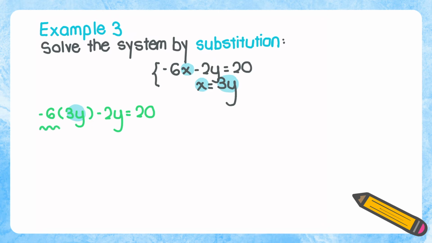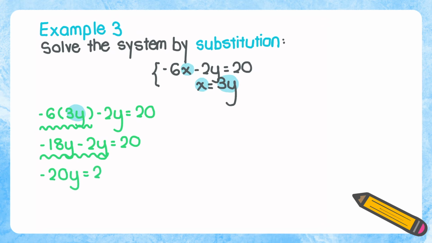So first let's multiply this part. Negative 6 times 3y is negative 18y. And the rest just stays the same, minus 2y equals 20. And then negative 18y minus 2y equals negative 20y.